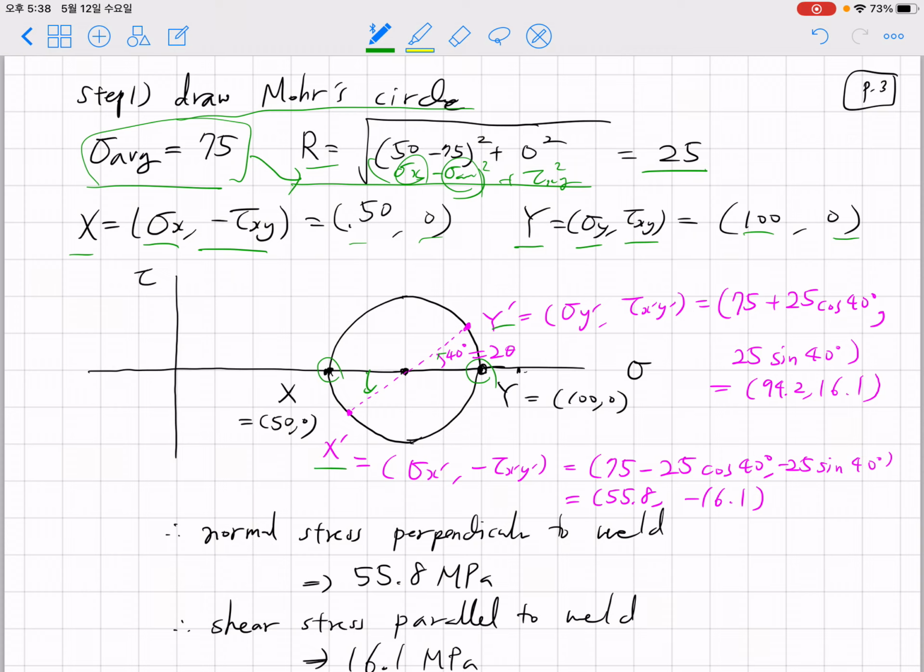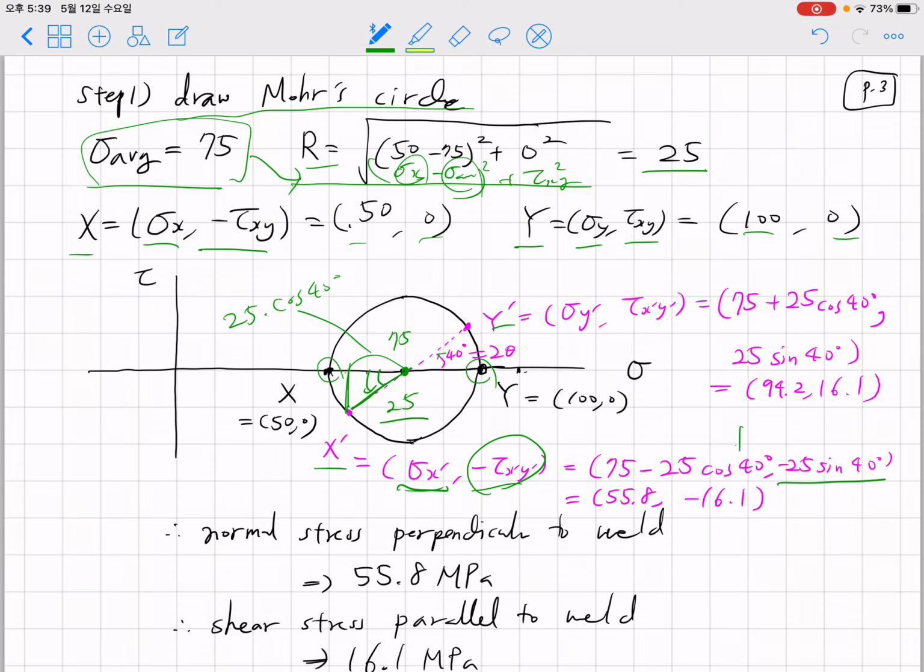So the x prime coordinate becomes sigma x prime and minus tau x prime y prime, and what you can do is originally it was 75 and the radius is 25, and if you take 25 and cosine 40 degrees, then you can get the reading sigma x prime. In a similar sense, if you do 25 multiplied by sine theta and take the minus sign, you can obtain minus tau x prime y prime value, which is minus 25 sine theta.